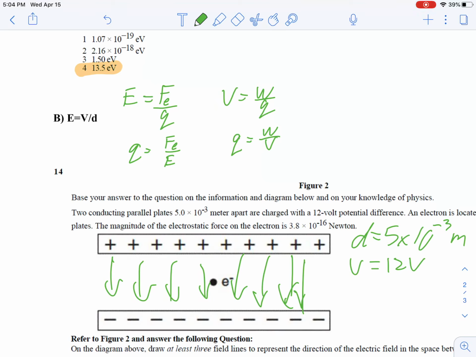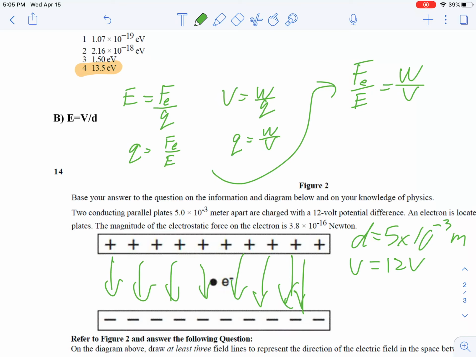If both of those things are equal to q, can I set them equal to each other? All right, now this next part is going to seem a little bit strange, but bear with me.